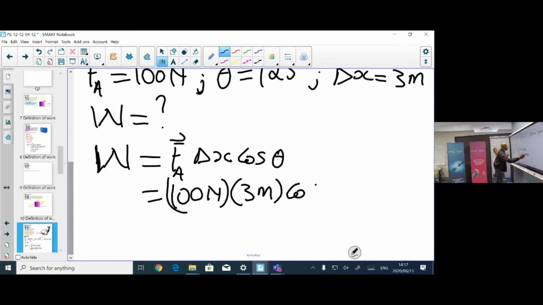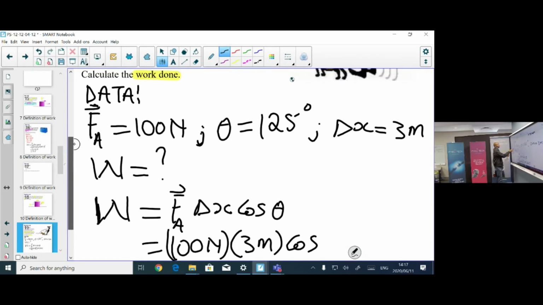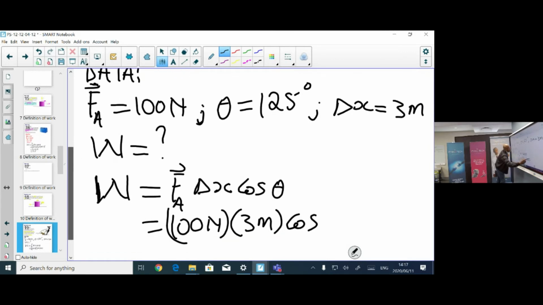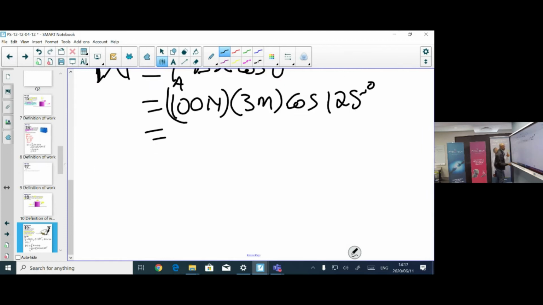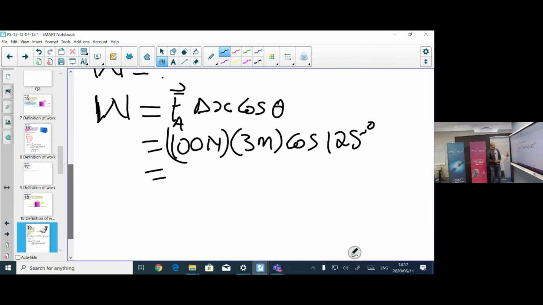Cos of, let us go back and check. What do we have? Cos of 125 degrees. Okay. Let me extend my page so that we can have a space. Let us calculate this.